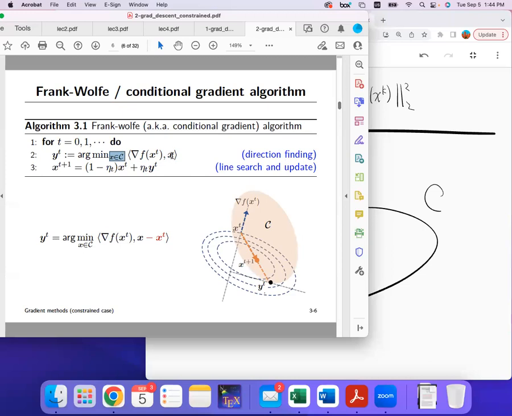In a normalized case, the best vector is the negative gradient itself because they are mostly negatively correlated. But if we constrain this within a set C, the negative gradient may not be contained in it. So it really depends on the form of this constraint.